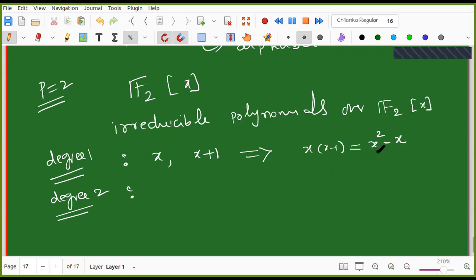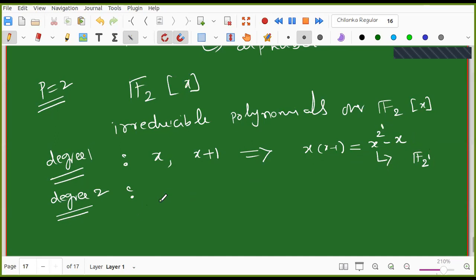Yeah, please remember that x square minus x is actually what? The roots of this polynomial, this is exactly F2. If I collect the roots of these polynomials, that is exactly F2, right? Yeah, so here 2 power 1, and here 2 power 1, right? So think of that.